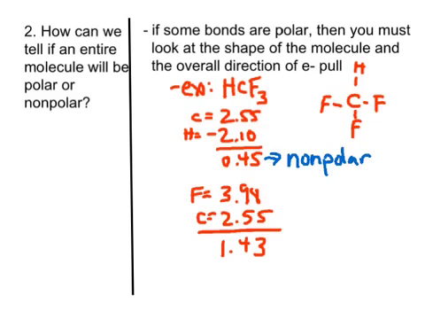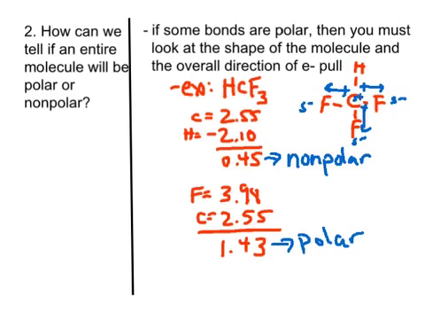The difference in electronegativity between fluorine and carbon is 1.43. So that means that the carbon-fluorine bond is a polar bond, right? Each of the fluorine atoms is winning that tug of war. So we've got the fluorines being slightly negative, and in this case, the carbon is slightly positive.